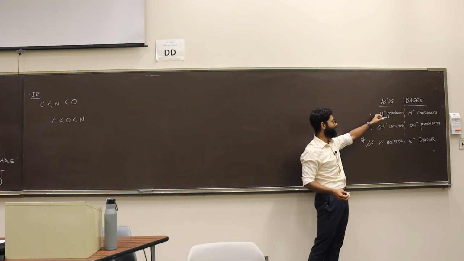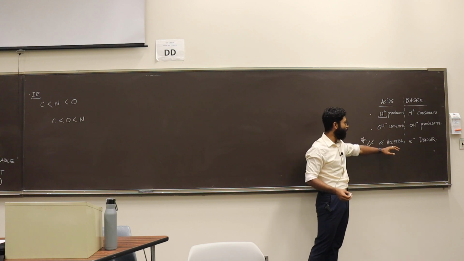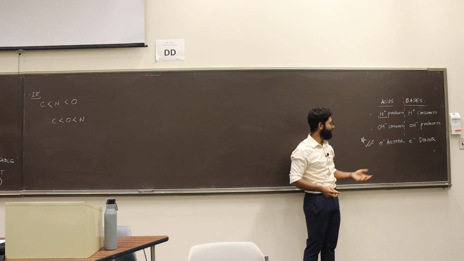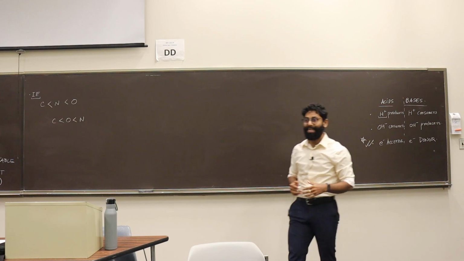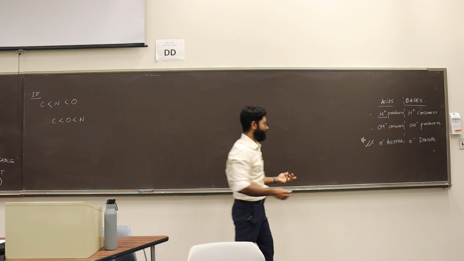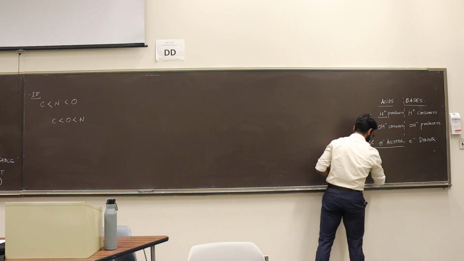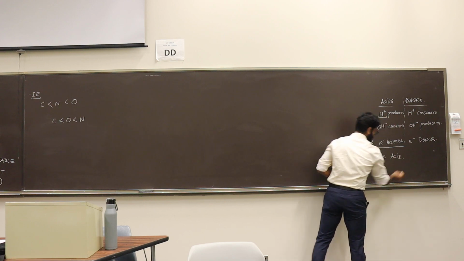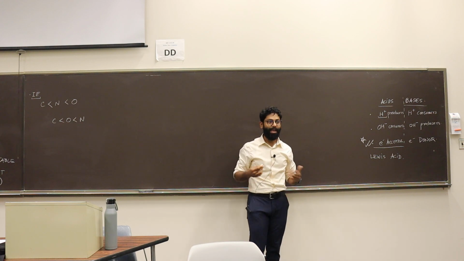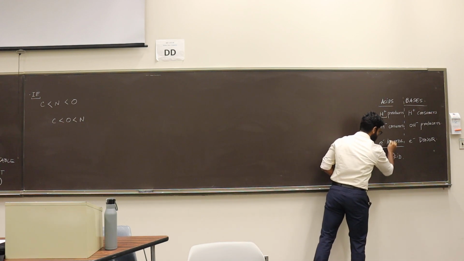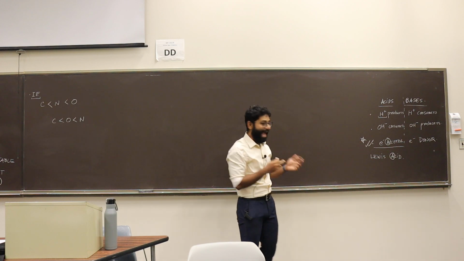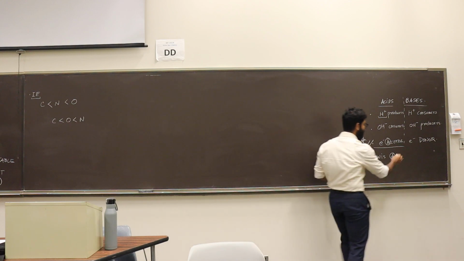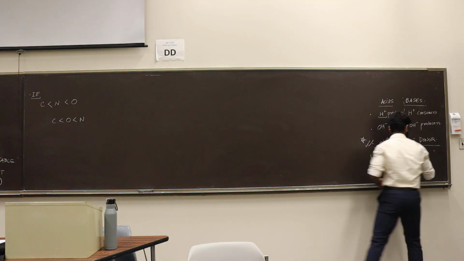Some will be explained by the other definitions, but almost all will be explained by this. So anything that is an electron acceptor is a Lewis acid. I remember it by this: a Lewis acid is an electron acceptor, so both A's. And the Lewis base is an electron donor.